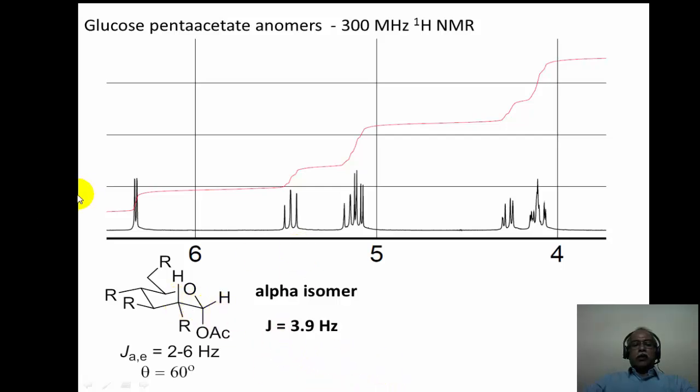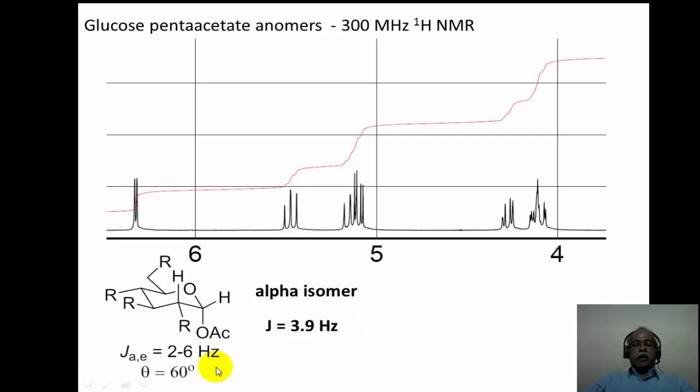The spectrum is shown here. The spectrum is fairly complex because these hydrogens show a second order pattern. But what is easy to identify is the anomeric hydrogen, which comes at the higher delta value, around 6.2 or 6.3 in this particular case. And this is appearing as a doublet because of the vicinal coupling, and the coupling constant that is measured is the gap between these two lines shown as a doublet here in this region of 6.3, and that corresponds to 3.9 Hz.